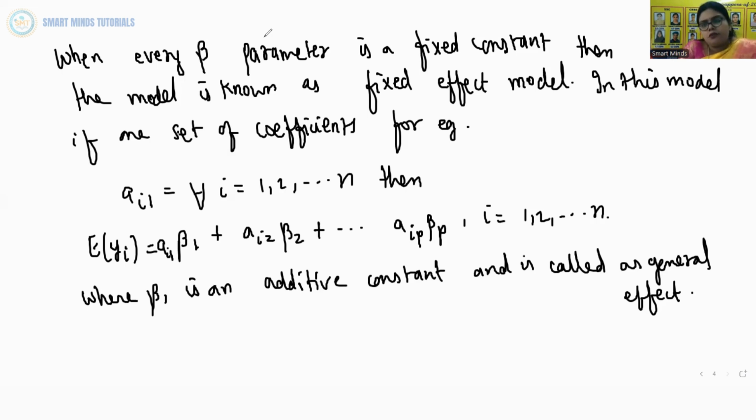Similarly, when some distributions of beta 1, beta 2, so on up to beta p are random samples and the remaining are fixed effects, then it is called mixed effects model.